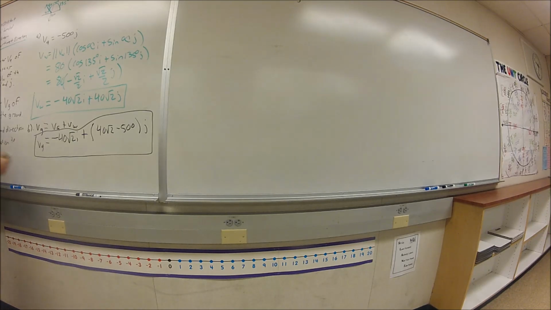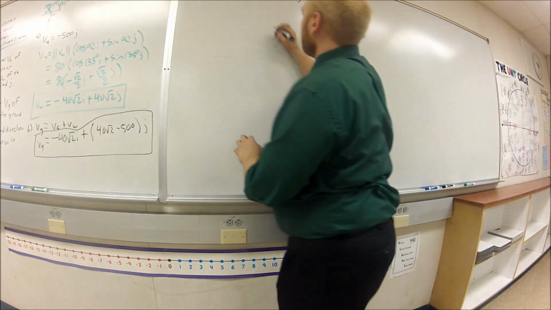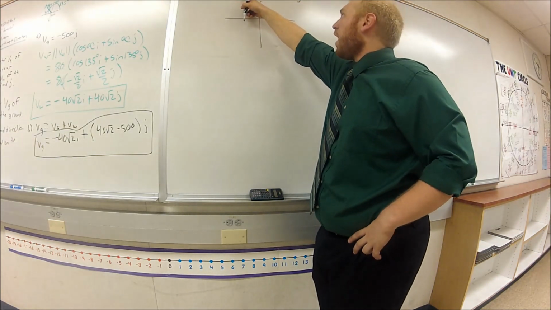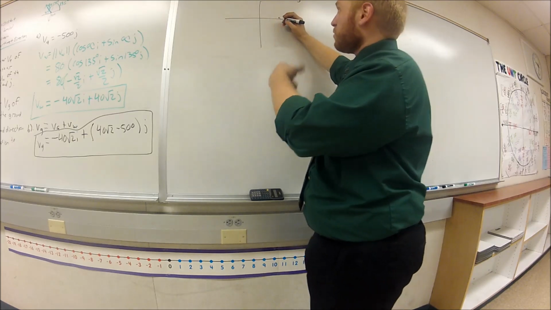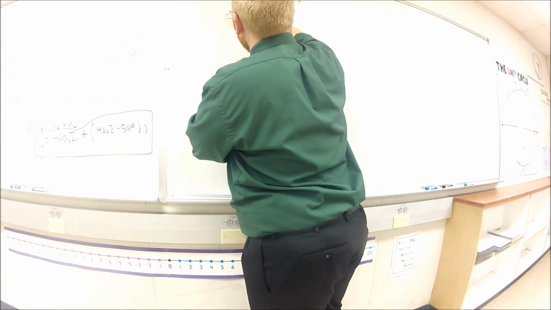So think about it for a second, guys. If we want the magnitude, draw this real quick, just a base sketch. If it's negative 56.569 i, that's going in the horizontal direction, negative 56.569.